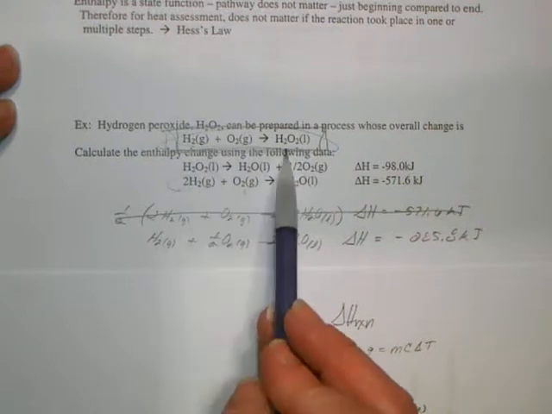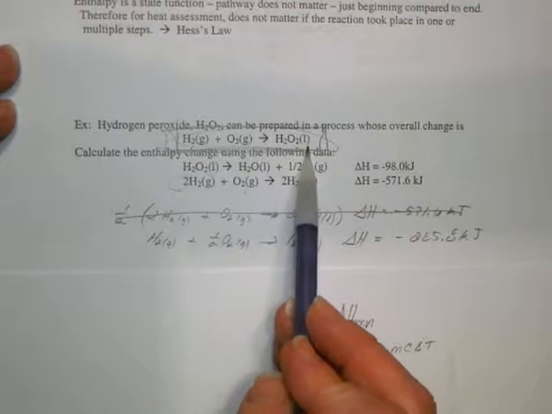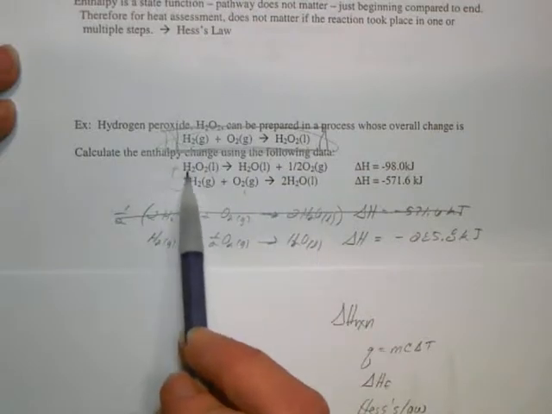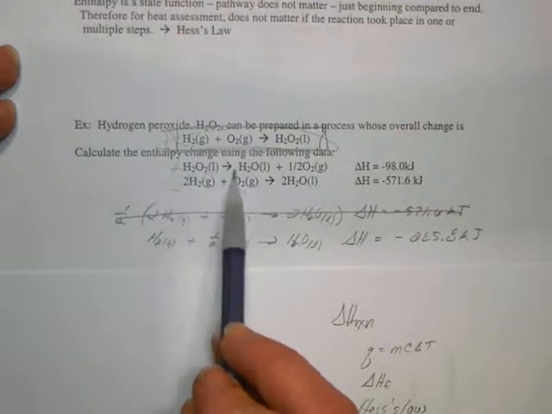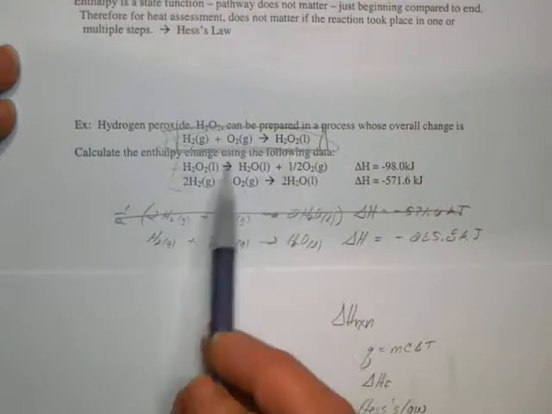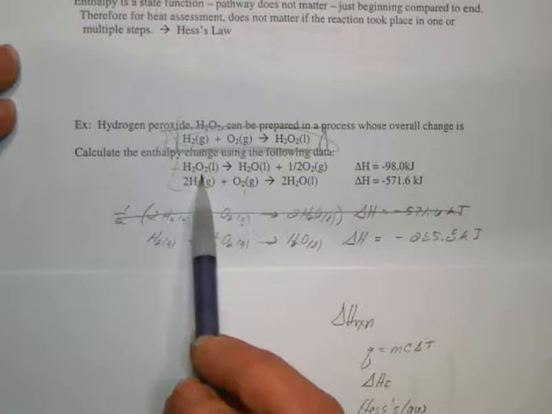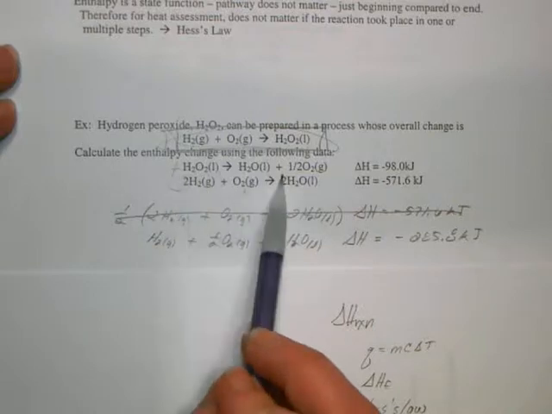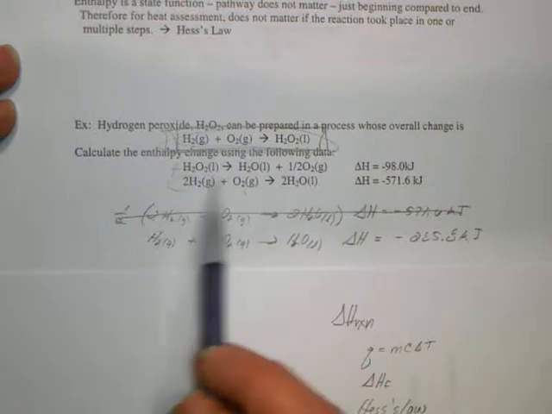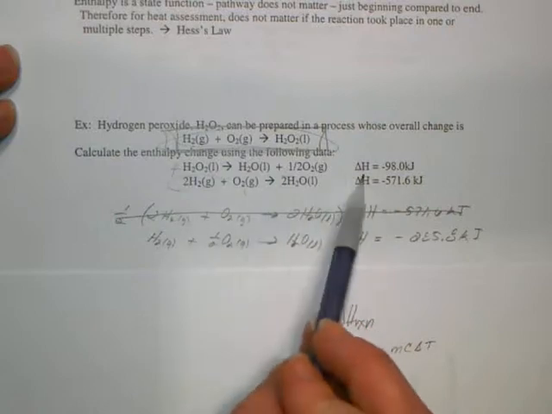I need 1 mole of hydrogen peroxide liquid as a product. If I look at this first reaction, I have H2O2 as a reactant, 1 mole. But I need it as a product. You are given permission to flip your reaction. The reaction as written is exothermic. So if I flip it, it'll become endothermic.